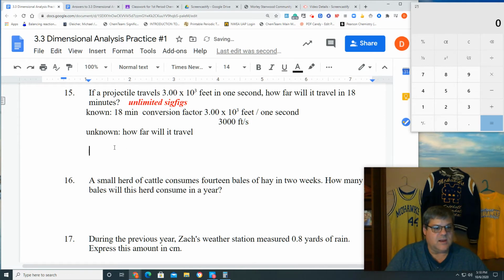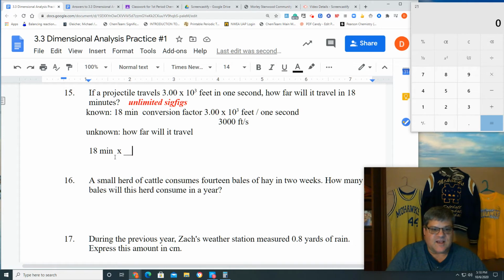So we're going to start off with what we know, which is our 18 minutes. After that, we're going to put our handy dandy times and a line. Now, because I have 18 minutes right here, we're going to put minutes on the bottom. But what do we have to do? Oh, I got to convert this to seconds first. So I can't use the conversion factor yet. We're going to do the dimensional analysis and convert minutes to seconds.